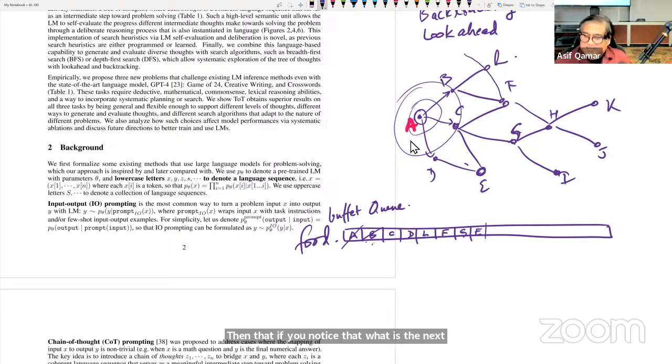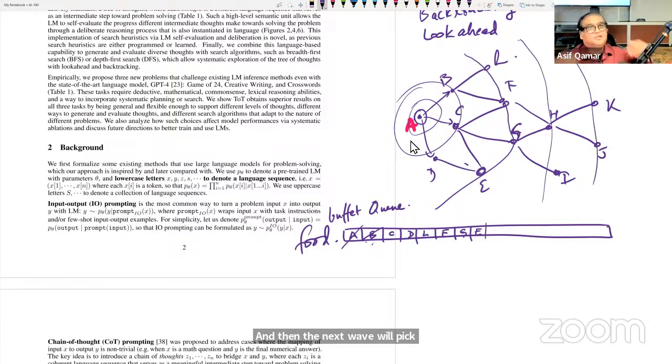It hit the next layer after that, which is literally two hops away from A. And then the next wave will pick some things up, and then the next wave will pick up the rest. So it's like a ripple moving forward.